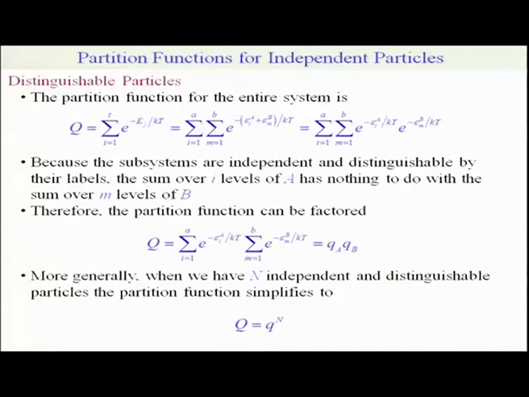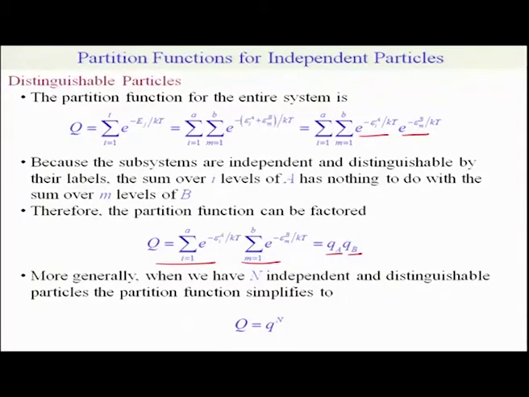Now, if you want to find the partition function of the entire system, we will simply sum up the Boltzmann factor, where this single summation will be replaced by a double summation by replacing E j with E i A plus E m B, and i will vary from 1 to A, m will vary from 1 to B. Now, considering these to be independent, you can separate it out in this way, and this is nothing but Q A and Q B, because this summation has nothing to do with m, and this one has nothing to do with i.